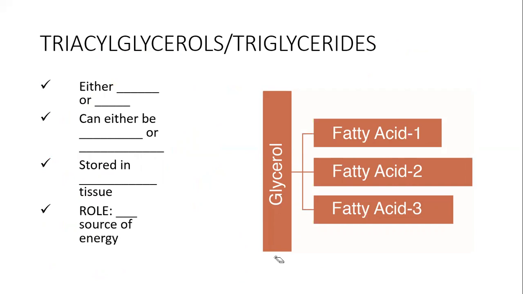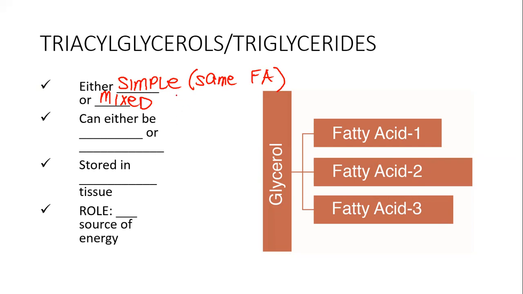Now class, TAGs are generally classified as either simple or mixed TAGs. Now guys, TAGs would be classified as simple if pare-pareho or same lang yung kanilang fatty acid. Okay? If the three fatty acids present are all the same. Arachidic, arachidic, arachidic; lauric, lauric, lauric; myristic, myristic, myristic. The same fatty acid.